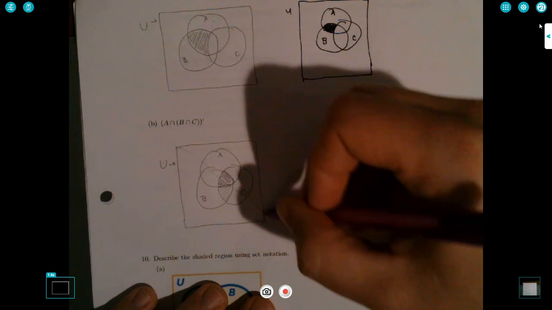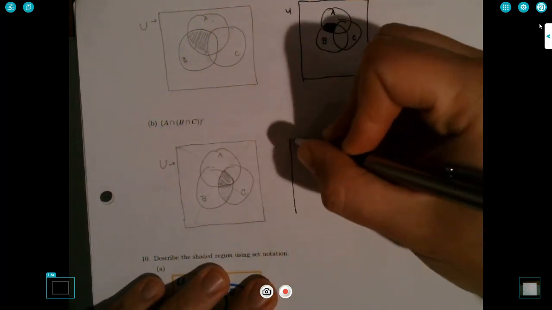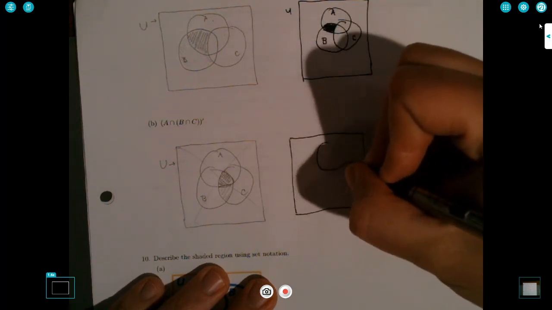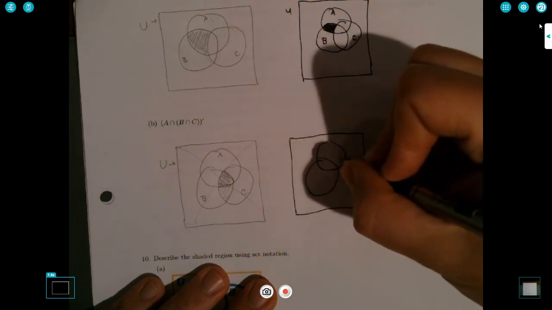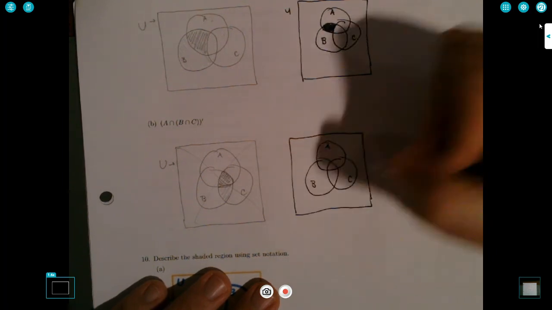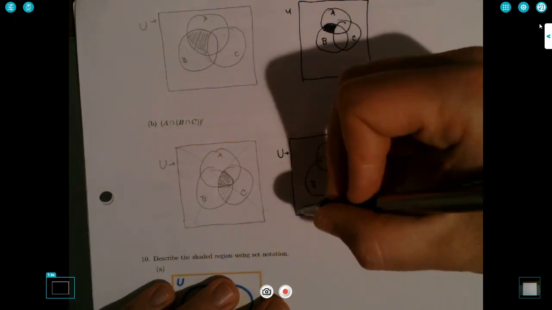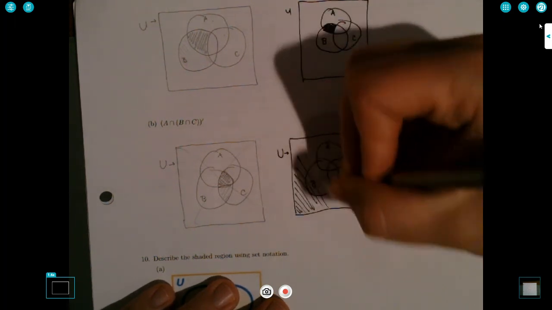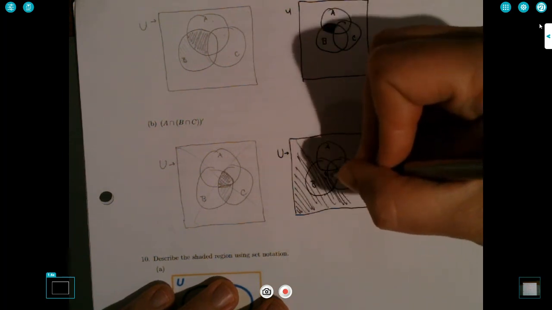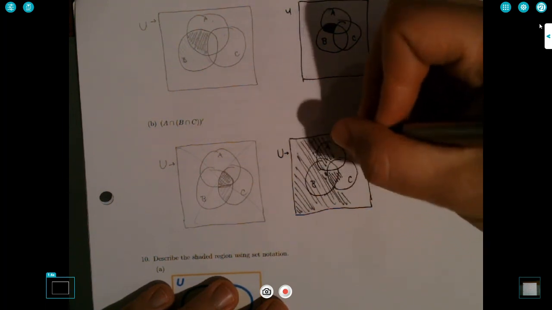So my final answer is going to look like this. Okay, it's going to be this entire rectangle, except for that little tiny portion in the middle.